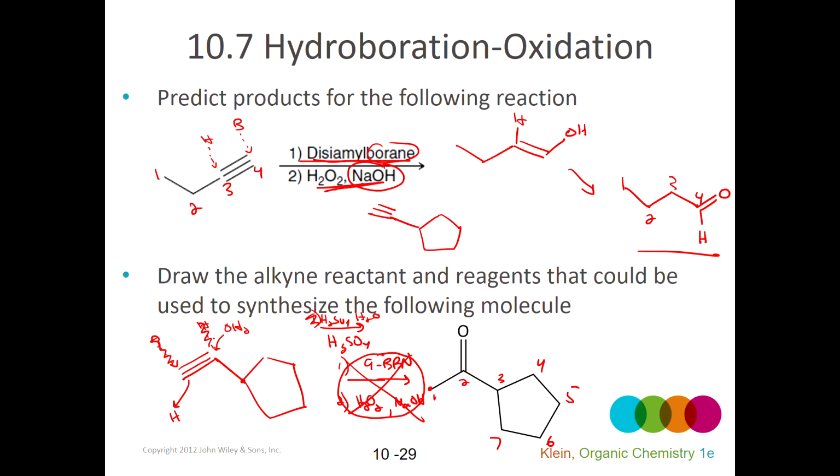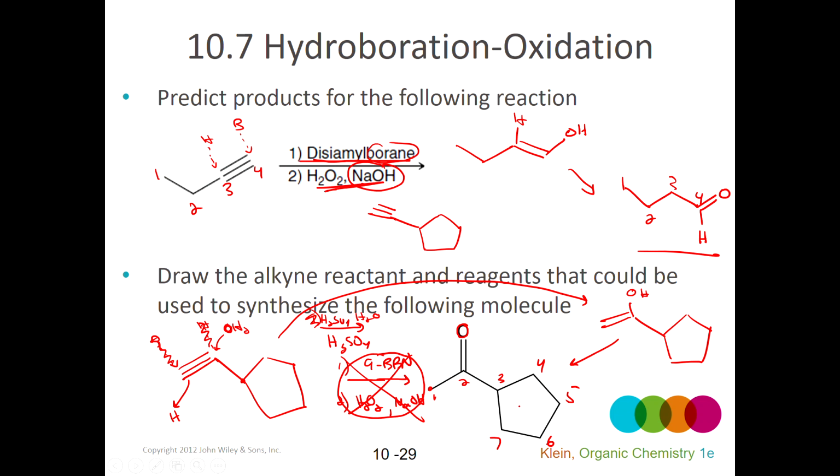Since it's the second carbon that the water will attack, that's the carbon where the oxygen of that water ends up remaining after it's deprotonated a couple times. And so initially that will produce an enol, and then the enol will tautomerize into the ketone.